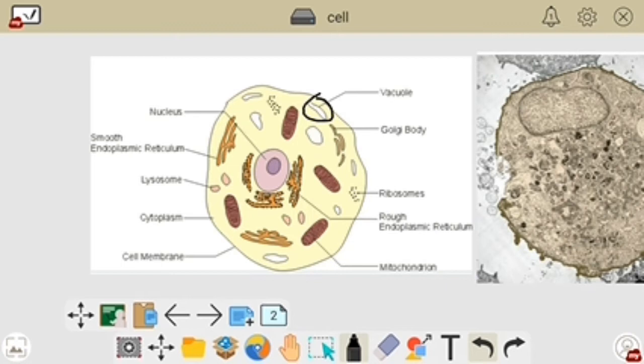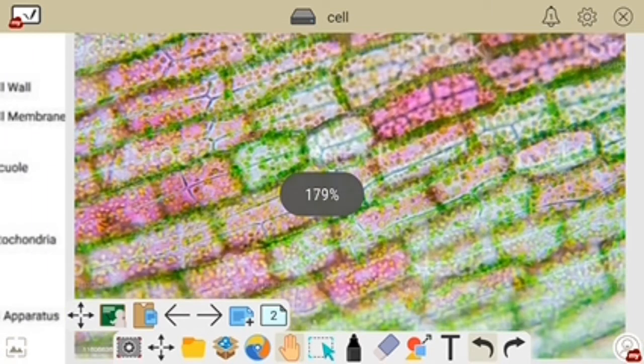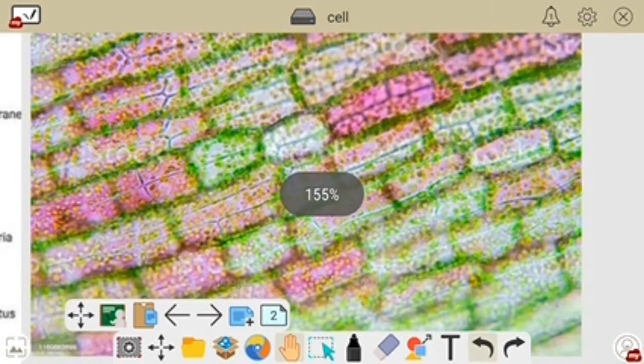So it contains the food, so that is why it is called food vacuole. Okay. So amoeba also has a small vacuole. In this vacuole, it contains the food, so it is called food vacuole. As you can see in the microscope, the cells of the plants look like this.